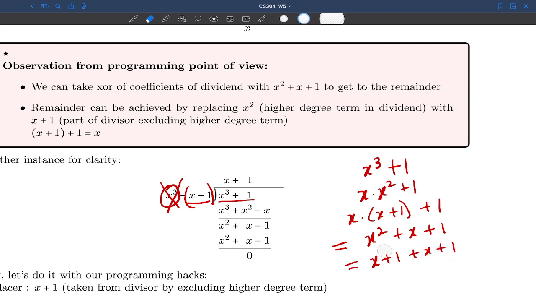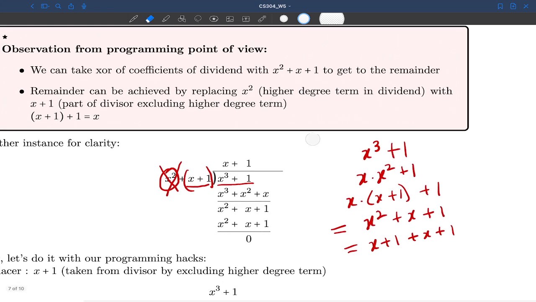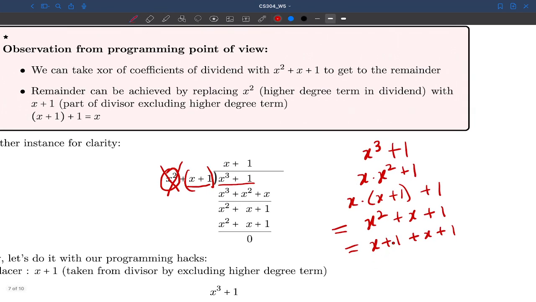Now you will see that this 1 gets cancelled by the other 1. By cancelling I mean that when I add them, I'll get 2, but 2 is not allowed. I have to take modulo 2, that will be 0, so they get cancelled. Again by the same argument, this x gets cancelled with the other x, so what we get is 0.